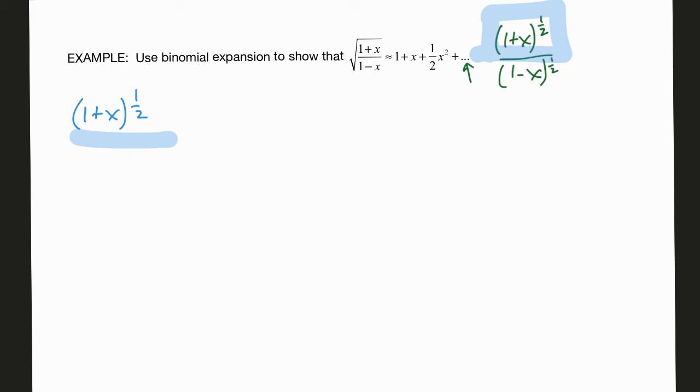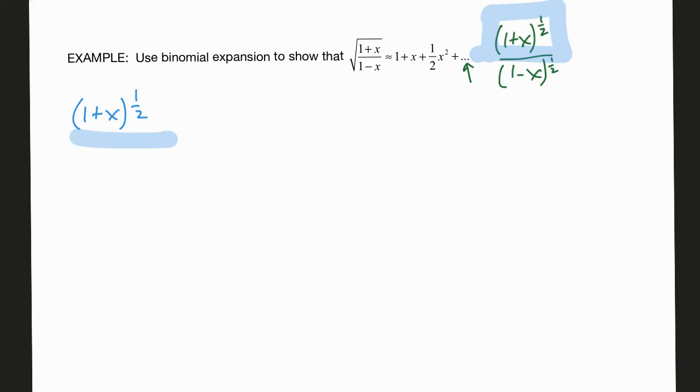Okay, so let me rewrite this as 1 plus x to the 1/2 and 1 minus x to the 1/2, which ends up being, on the top, I'm going to use a highlighter, on the top over here is 1 plus x to the 1/2, and I'll expand that out.